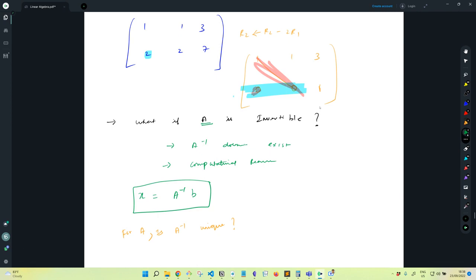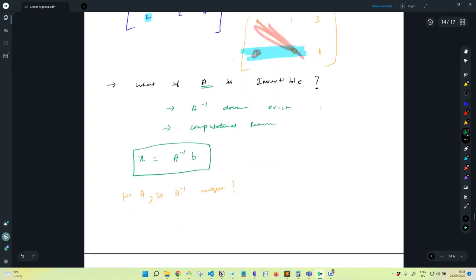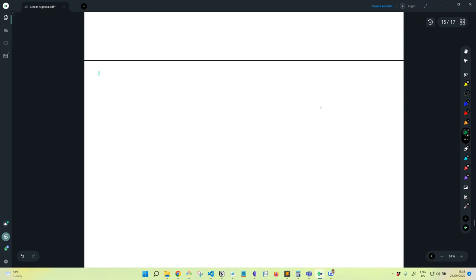Sorry, not converse. If it happens that in the RREF there is no row that is all zeros, then it means that A is invertible.